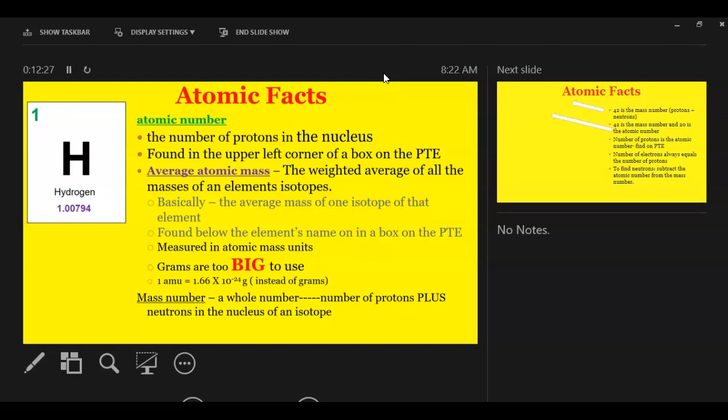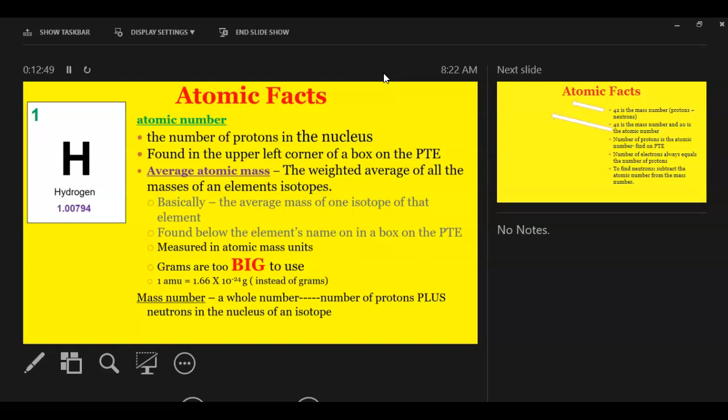Remember, sometimes the symbol doesn't actually match the name of the element. Do you guys remember where it comes from? A different language, yeah, the Latin name. Correct, okay? So anytime I say chemical symbol or elemental symbol, this is what I'm talking about.